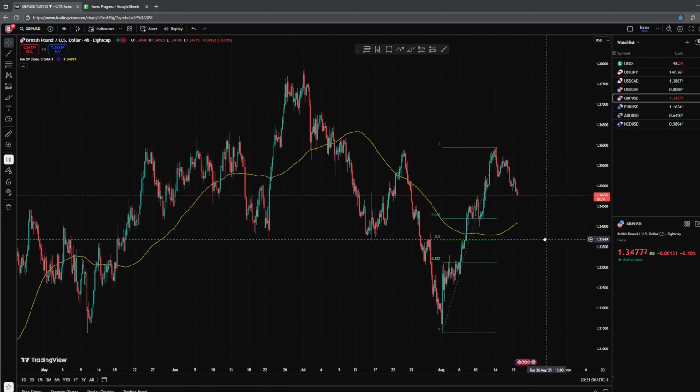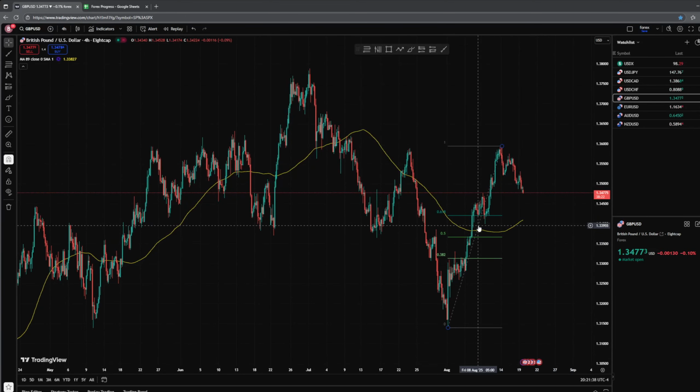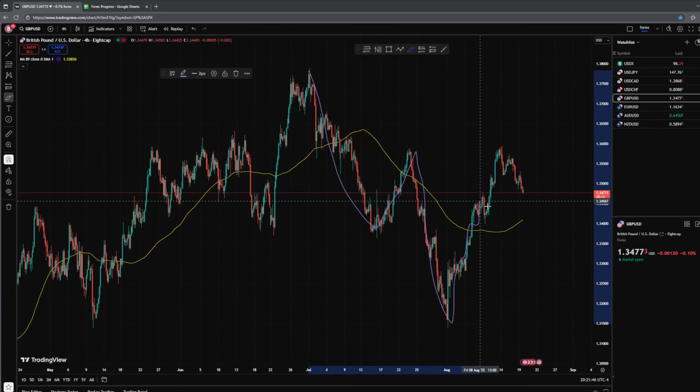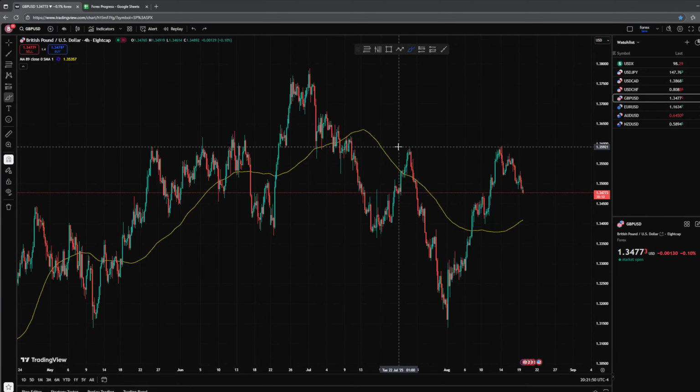Okay, pound USD. So here we have down leg, retracement, down leg. The market seems to be retracing once again, right? But unfortunately, if the trend was still down, this resistance level should have held, right?